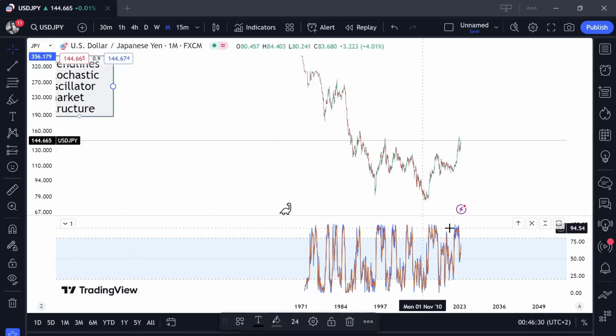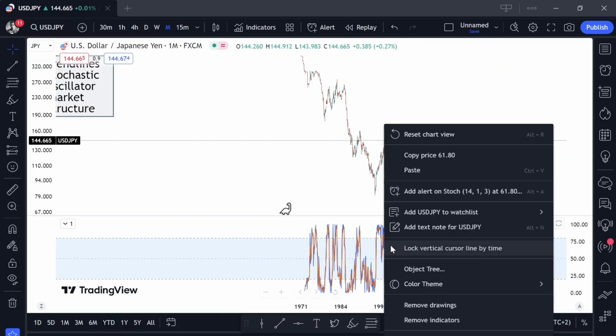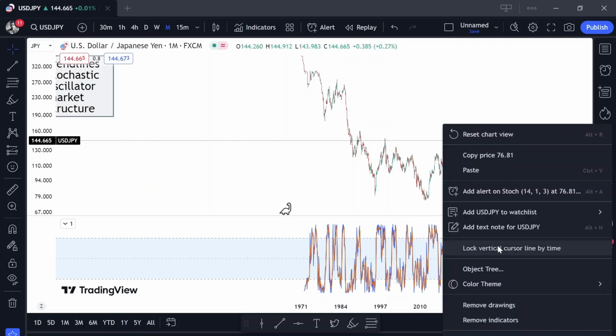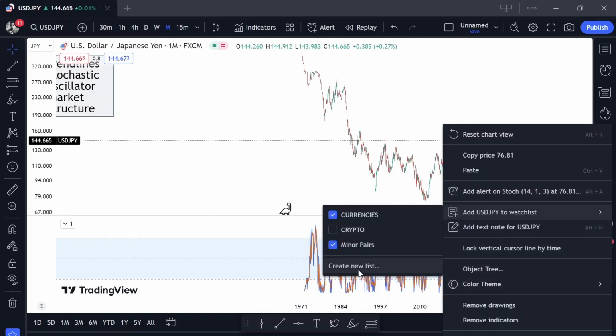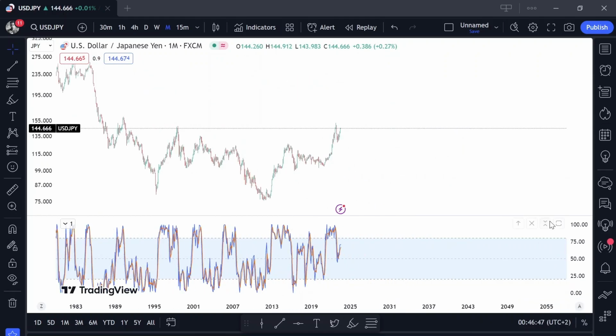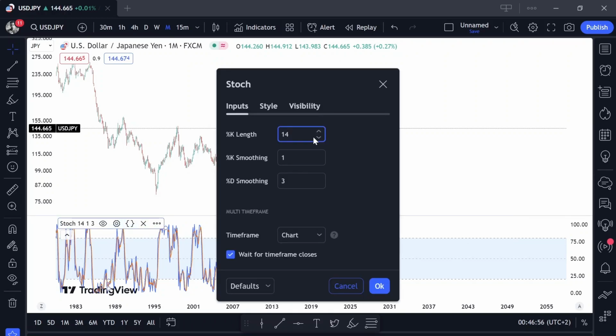And the settings for this stochastic oscillator: on percentage K length, it's 5.